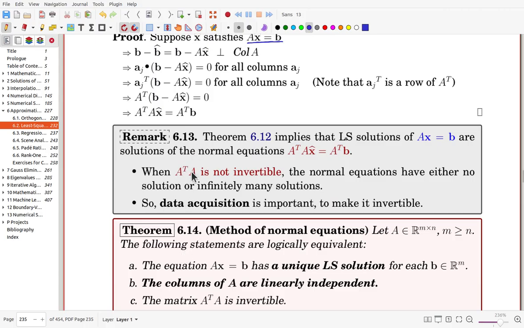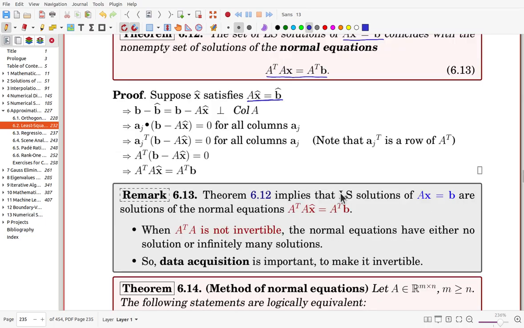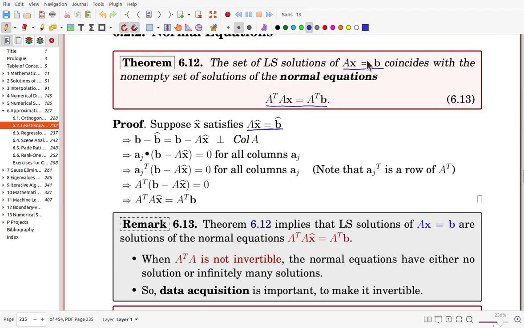Now we have a question. From this one, we reach that one. The thing is, A transpose A must be in R n by n. That is a square matrix, and also it must be symmetric. The problem is, if it is not invertible, then we have some difficulties finding x.